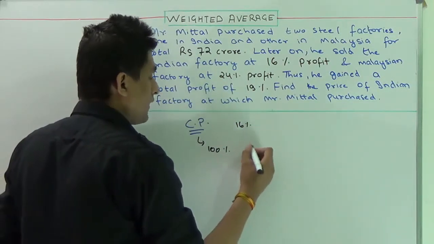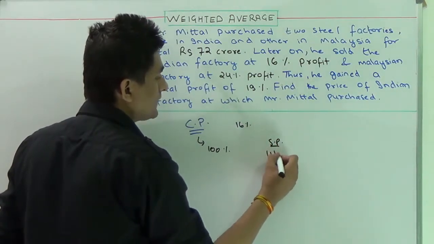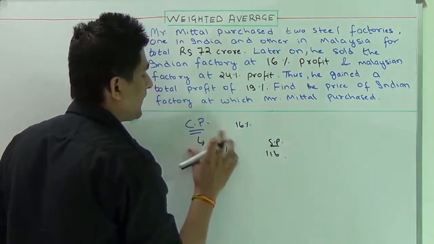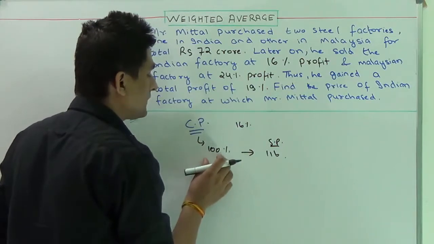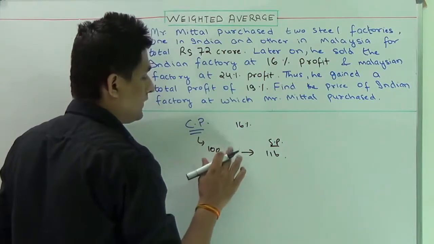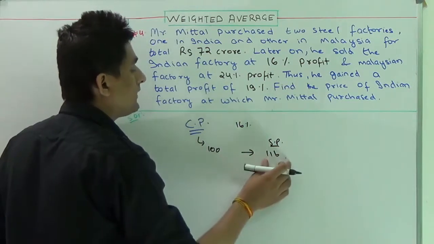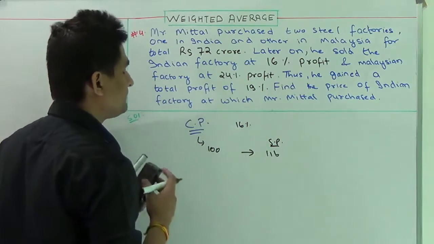That means the selling price, the price at which we sold something, will be 116. So profit is always calculated on cost price. So this should be known. I have added only 16% of 100 to 100 to get 116 as SP. So this point should be clear.